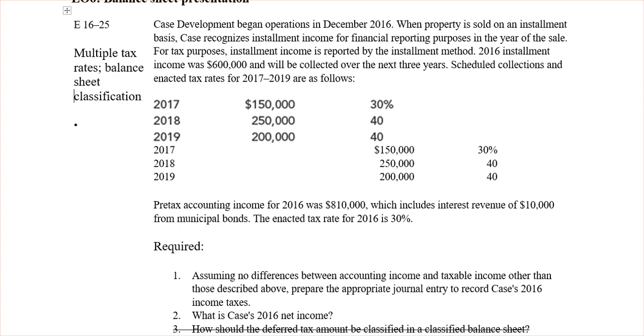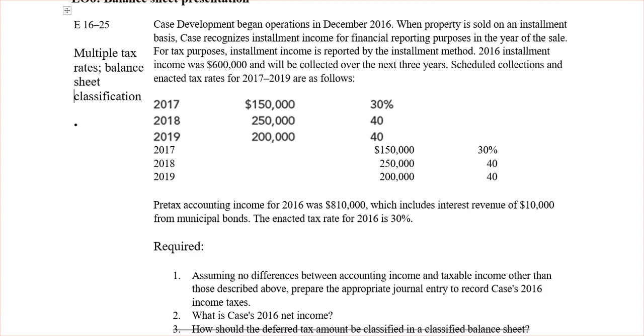When we do this, we are going to show the minus 600, right? Because it's showing up in pre-tax income as 600, and it's not going to be taxed until 2017, 18, and 19. So we're going to have a minus 600 there, and that is going to be a temporary difference.